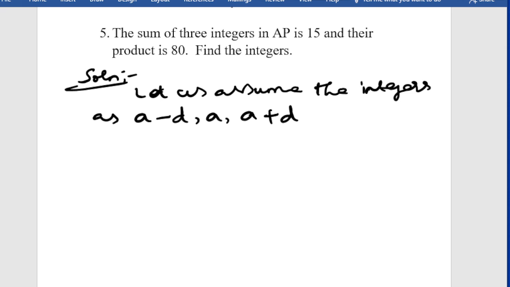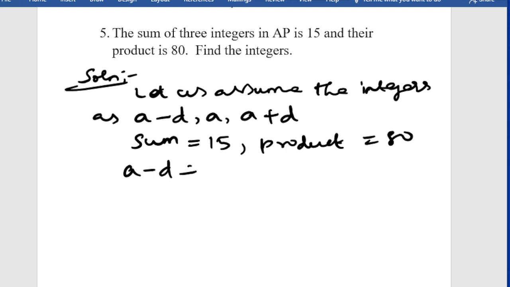Since they are in AP, you can assume the integers as in this form. Now their sum is 15 and their product is 80. Okay. So adding all the integers, a minus d plus a plus a plus d equals 15.